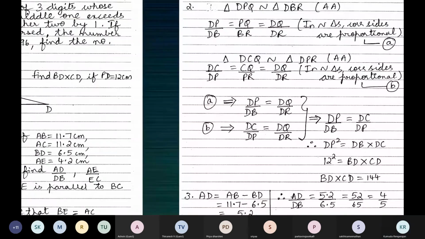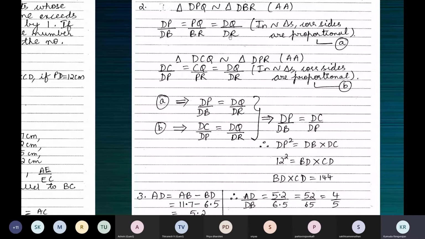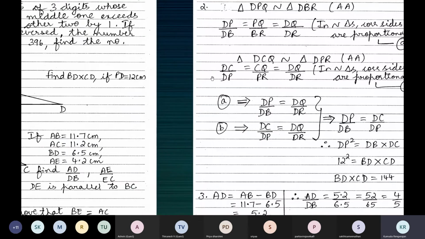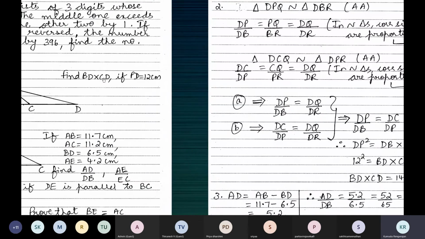Listen carefully. DQ by DR is common, okay? Now we have the remaining ratios. Which one to choose? We have to find BD into CD. So there is BD here. Nowhere else is there BD. You check the others. BD is only here. So that means you should take this ratio.